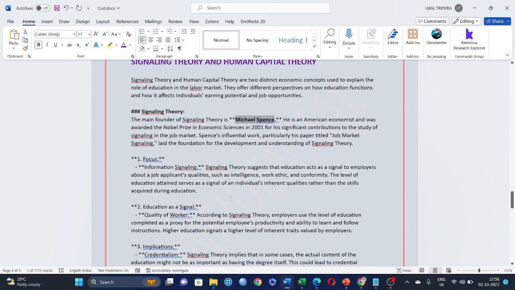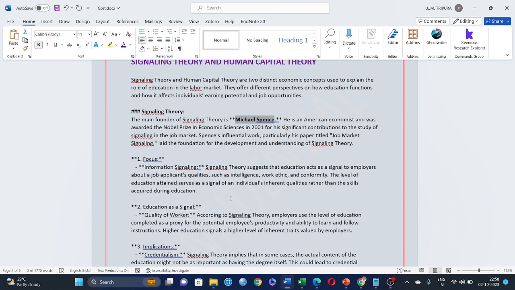The main focus of signaling theory is that for all job seekers, whether you have completed graduation or PG or PhD, whatever you have completed, if you have completed B.Ed, then you are eligible to be a teacher. Whether you have the skill or not, it doesn't matter. First, this is the signal given to employers for eligibility.